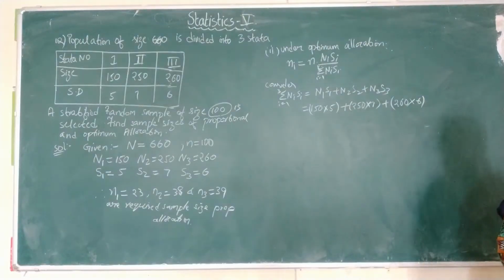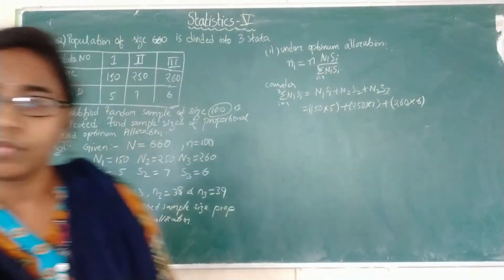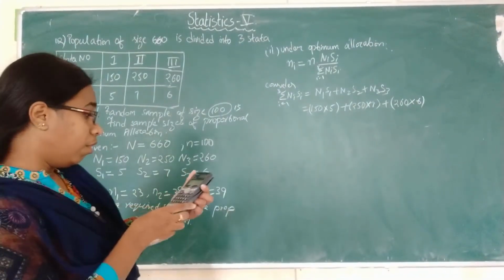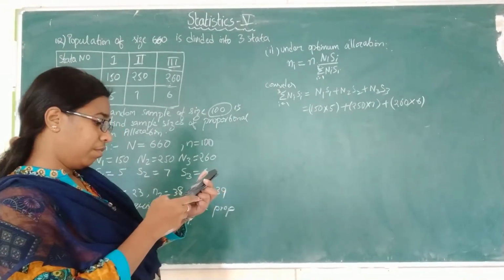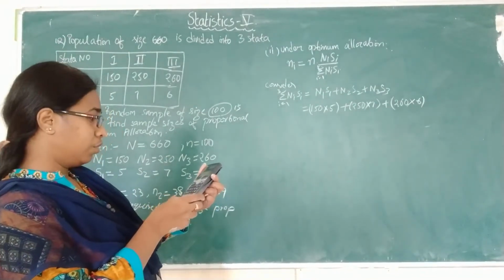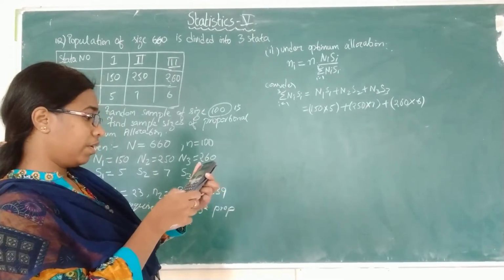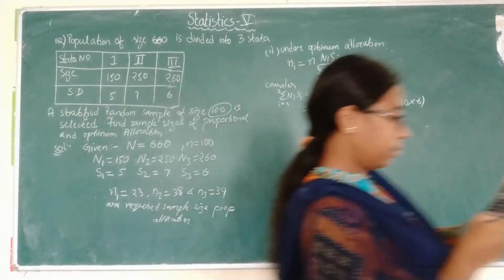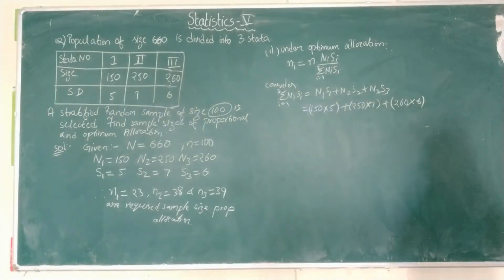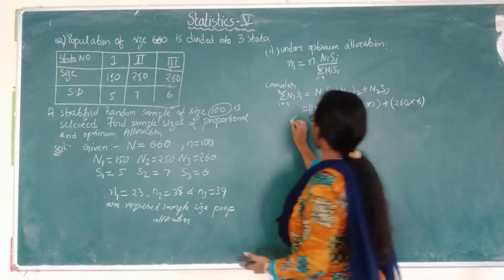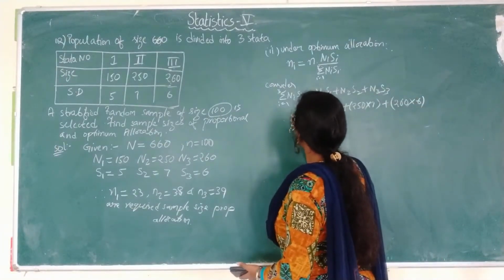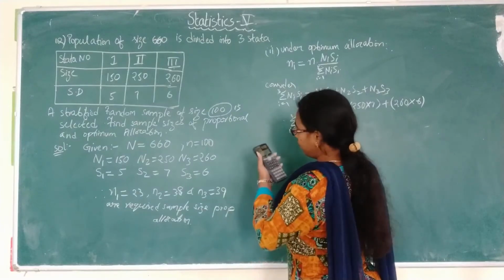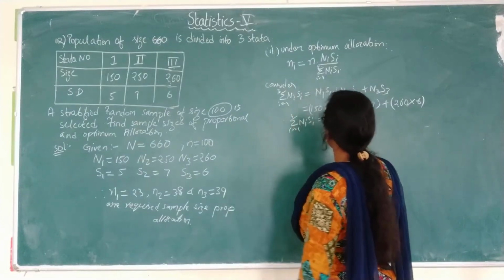Now find this value. You will get the summation value as 4060. So summation over i equals 1 to 3 of NiSi equals 4060.